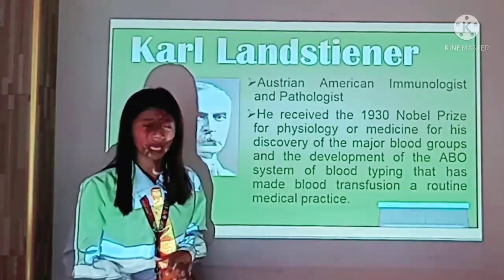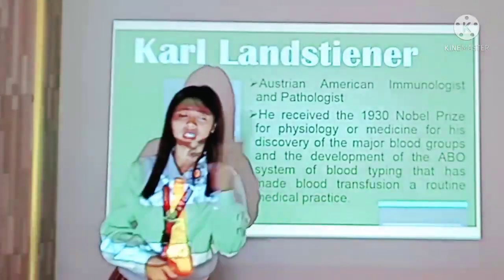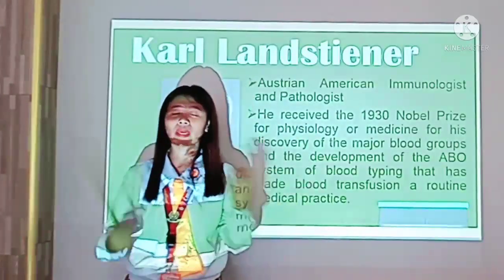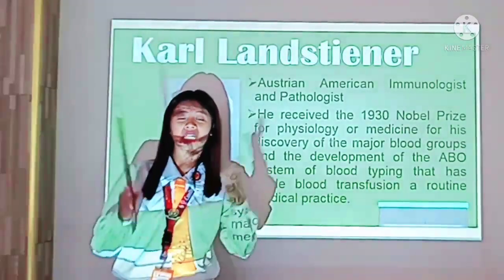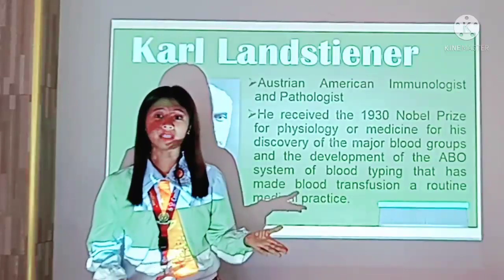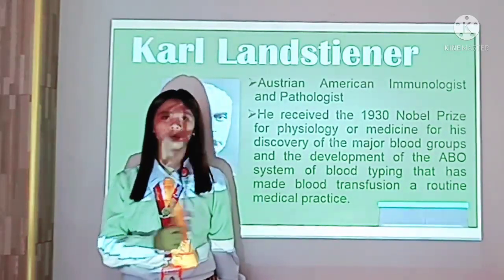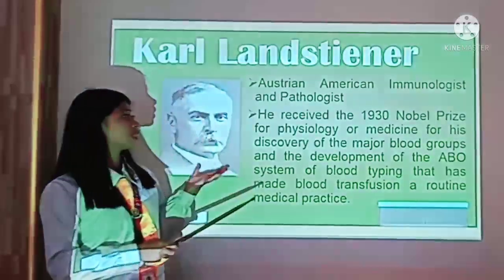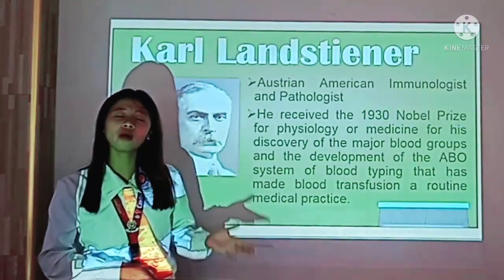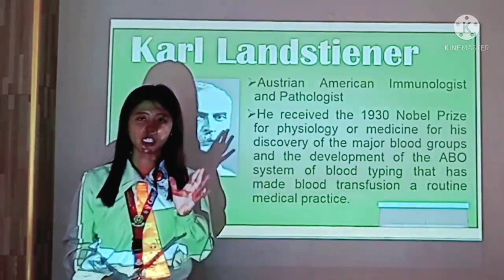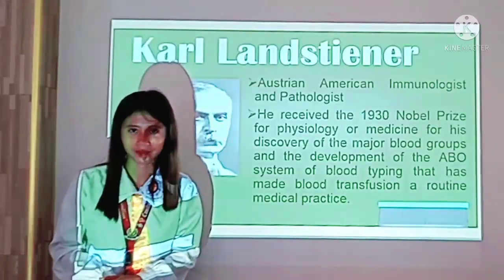And at the same time, blood transfusion, wherein dati wala pa pero ngayon meron na. Ito na yung ginagamit nila kapag syempre may nangangailangan ng dugo, they undergo blood transfusion. Okay? So, that is Karl Landsteiner, the proponent of the ABO blood system and also blood transfusion.